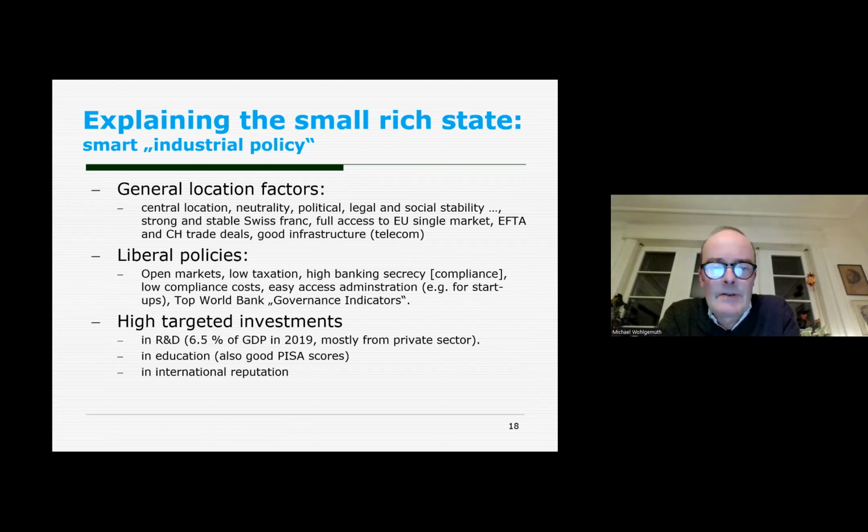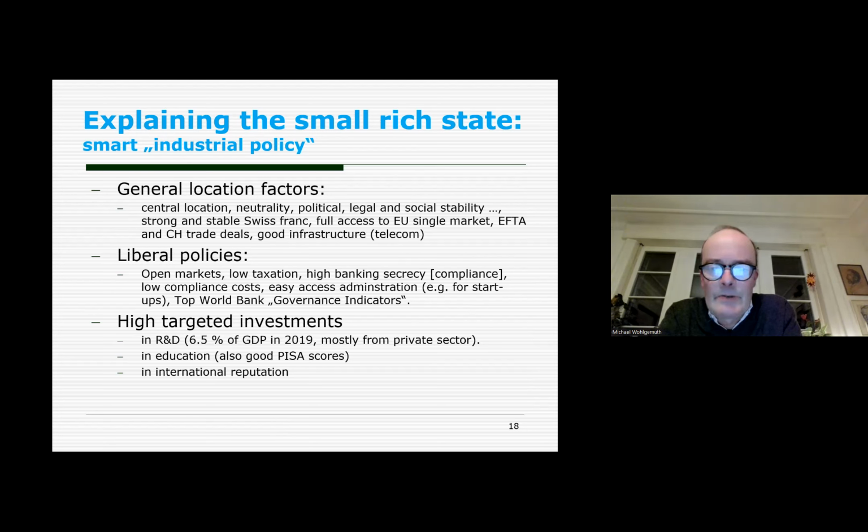In addition, if you look at the Eucken principles, you need private property, free contracting, liability, a stable currency, open markets, and a continuity of economic policy. That's exactly what you find in Liechtenstein, certainly much more than in Germany.